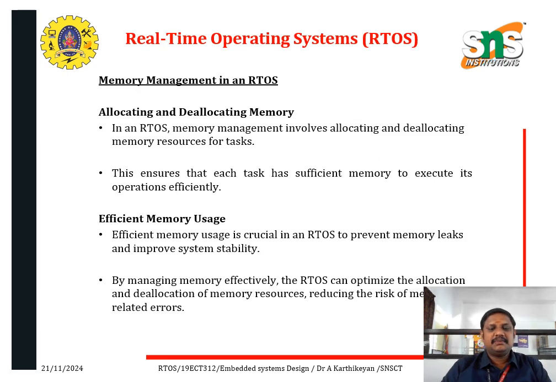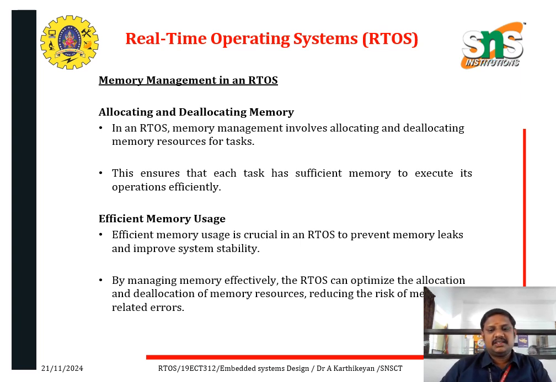In the RTOS, memory management, the allocation and deallocation of memory, is an important parameter. Memory is allocated based on the task, and each task gets the memory it needs so that it is executed effectively.